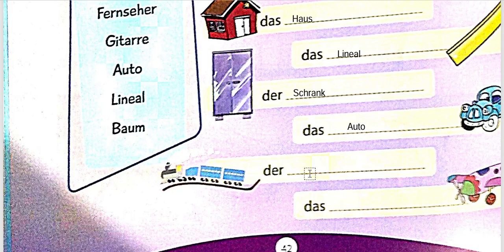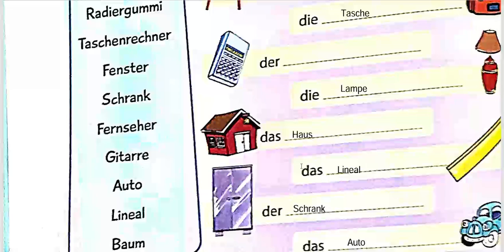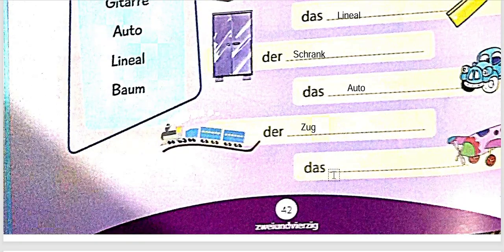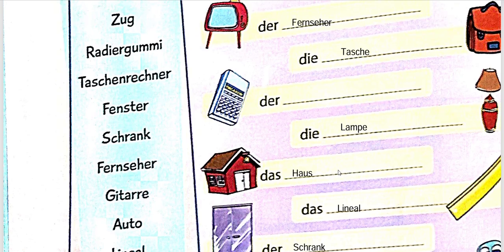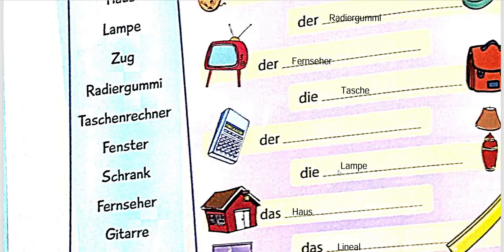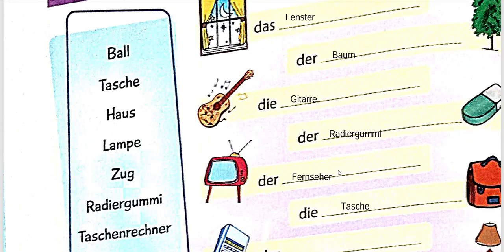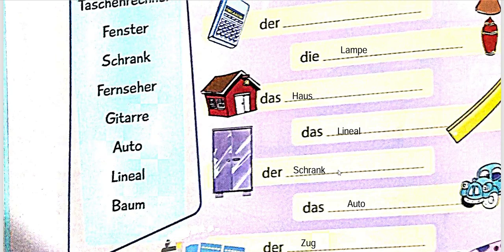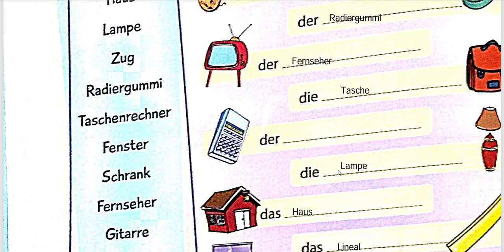This is a train, so train is Zug. Is Zug given here? Yeah, Zug is given. So Zug. And this is a plane, so it should be Flug somewhere. Let's see if it's there. I don't see it actually anywhere.